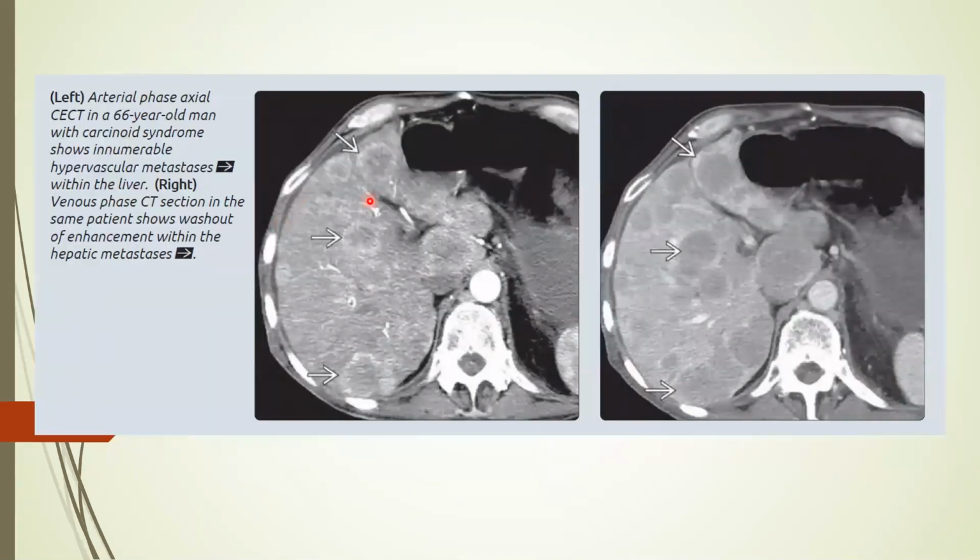This is a carcinoid metastasis presenting with multiple hyper-enhancing liver lesions on the arterial phase and wash out on the portal venous phase.